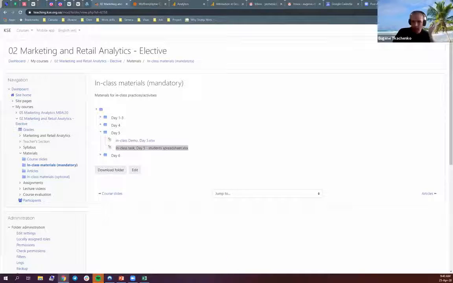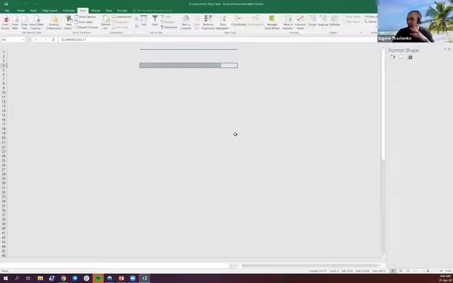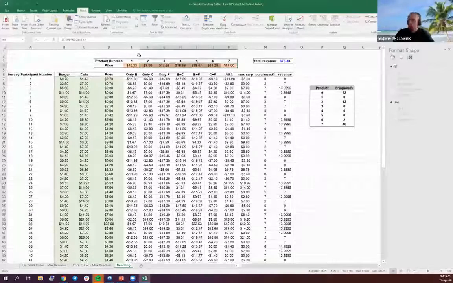So basically, I will be opening that file with you together, just to go through the basic instructions. I tried to pick the most basic example, so that at the same time it's not as massive as, for example, my burger, Coke, and fries example.